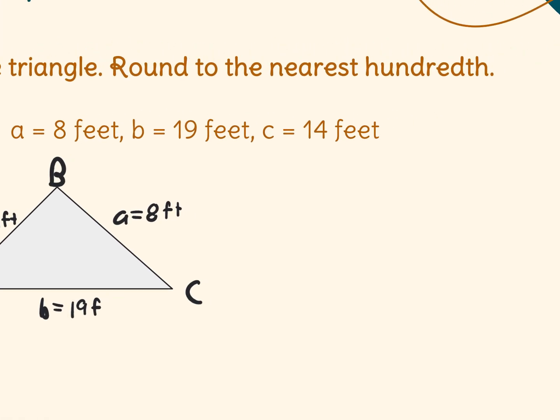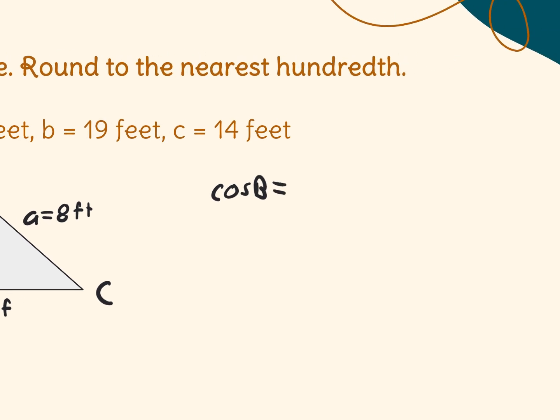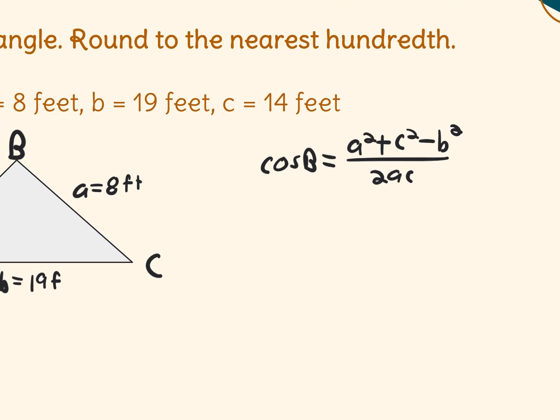Now, do we have a formula that relates angle B with something? I think so, right? It's cosine of B equals A squared plus C squared, right? Minus B squared over 2AC. Let's plug in all of the information that we have into this formula.